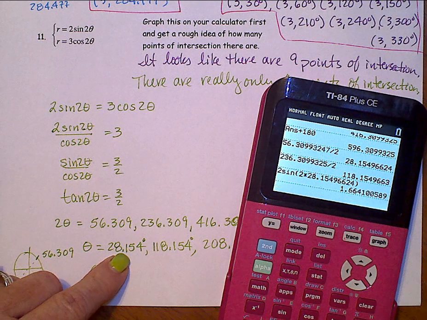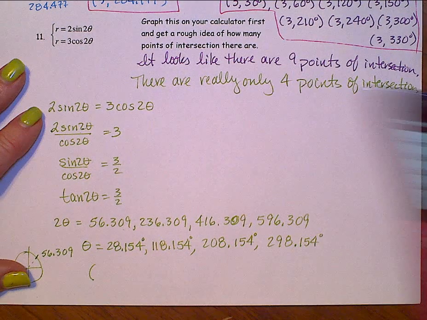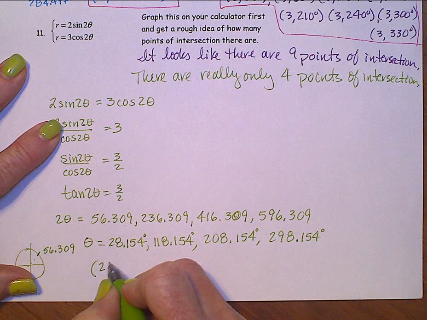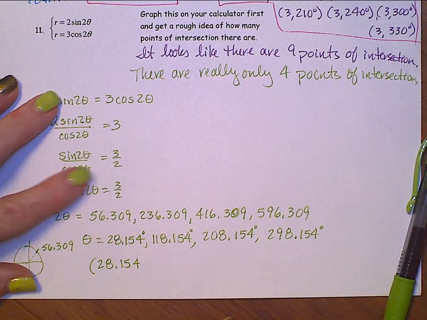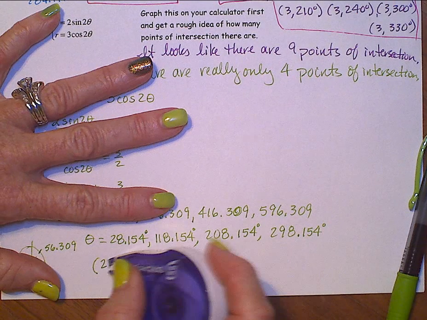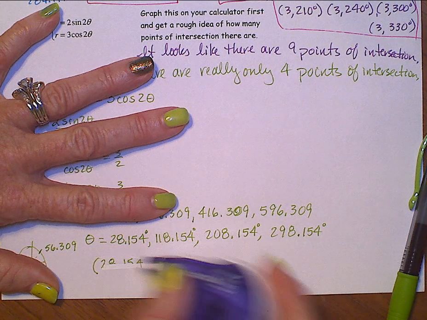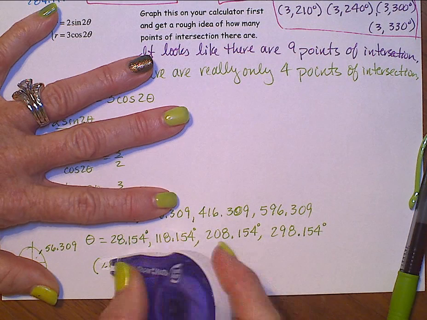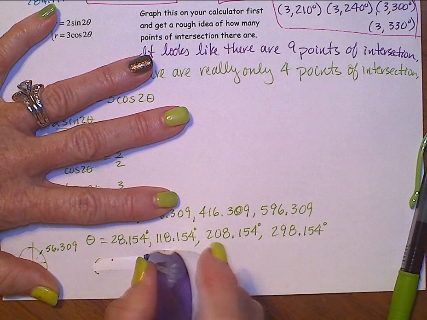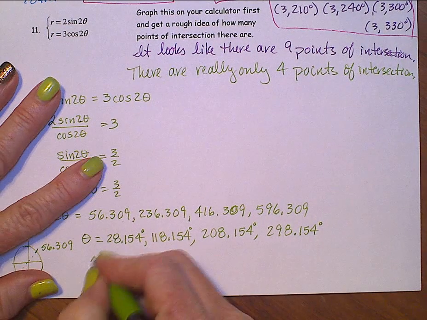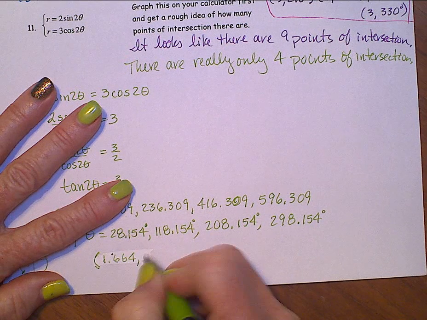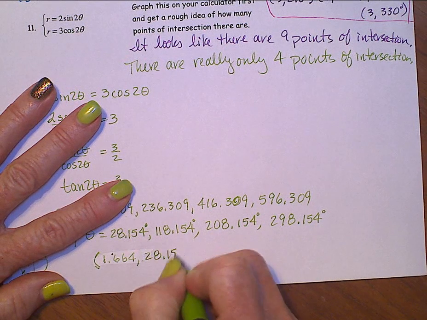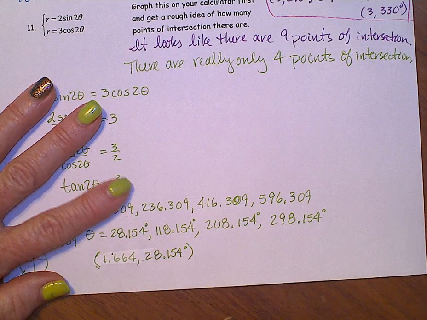And that is 1.664. So this first one, 28.154. Oops, ordered pairs are not theta comma r, they are r comma theta. There we go. So r is 1.664, comma, 28.154 degrees. That's one of them.